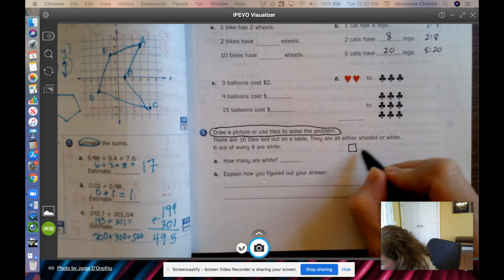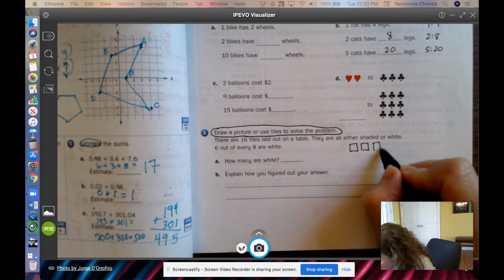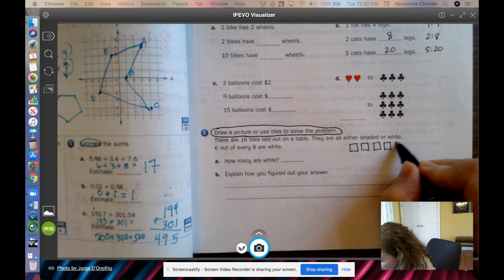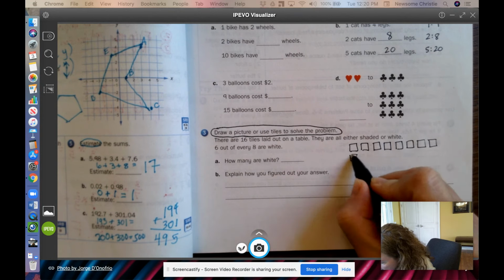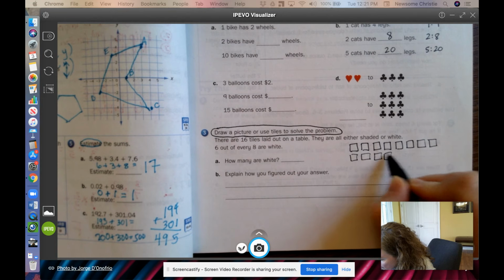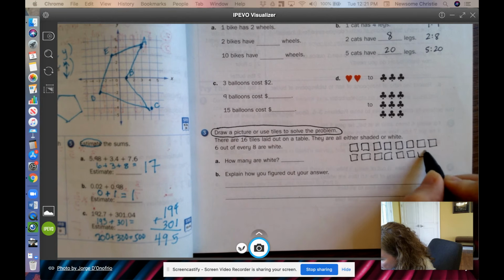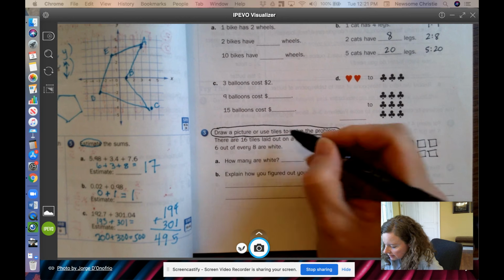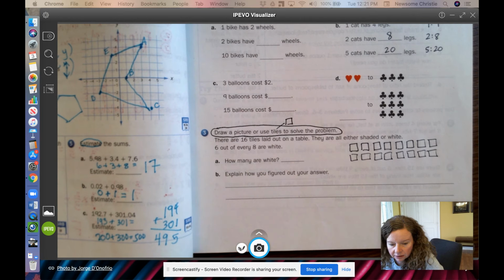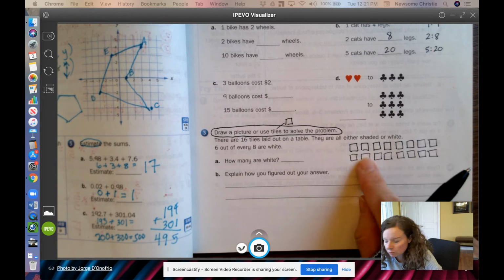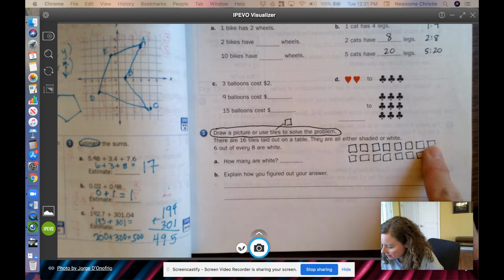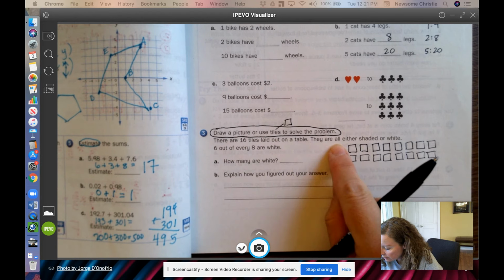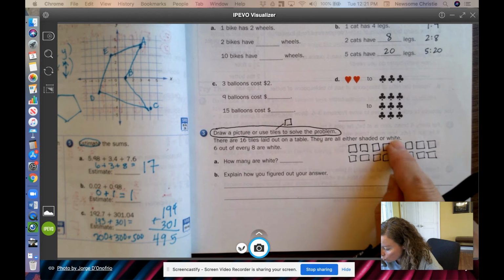So I'm going to lay that out. So there's 8. And there's another 8. So when it says tiles, I just use little rectangles, squares, some kind of shape to represent whatever it is. So it says there are 16 tiles laid out on the table. There they are. And they are all either shaded or white.